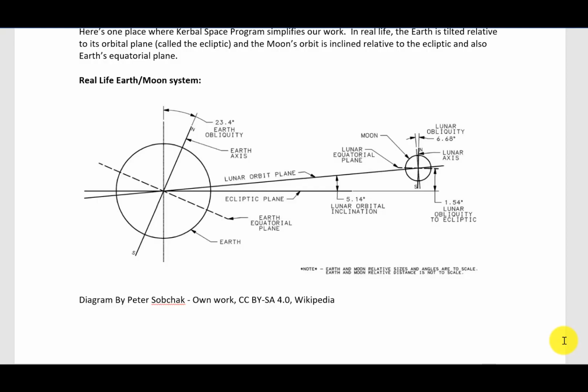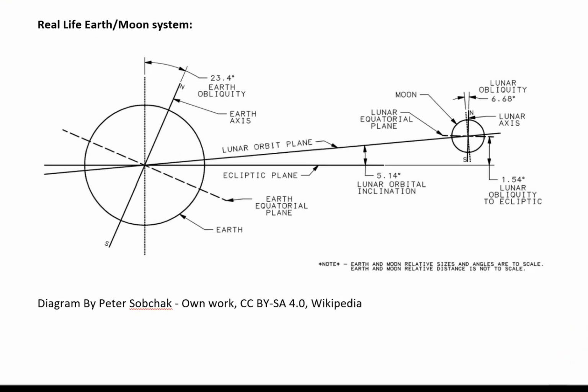Here's one place where Kerbal Space Program really simplifies our work. In real life, the Earth is tilted relative to its orbital plane, called the ecliptic, and the Moon's orbit is inclined relative to the ecliptic and also to Earth's equatorial plane. You can see this line here, the ecliptic plane.